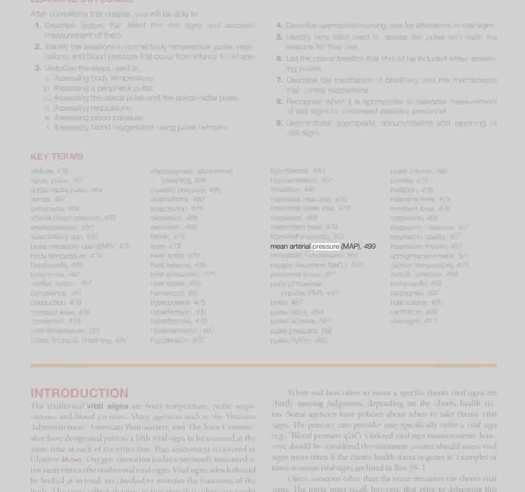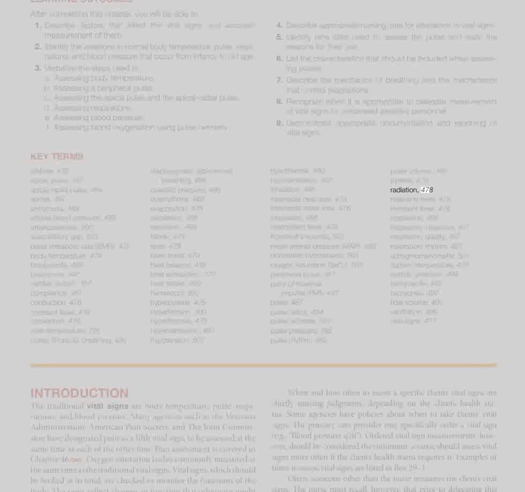Mean arterial pressure, MAP, 499. Orthostatic hypotension, 501. Oxygen saturation, SaO2, 507. Peripheral pulse, 487. Point of maximal impulse, PMI, 487. Pulse, 487. Pulse deficit, 494. Pulse oximeter, 507. Pulse pressure, 499. Pulse rhythm, 489. Pulse volume, 489. Pyrexia, 479.